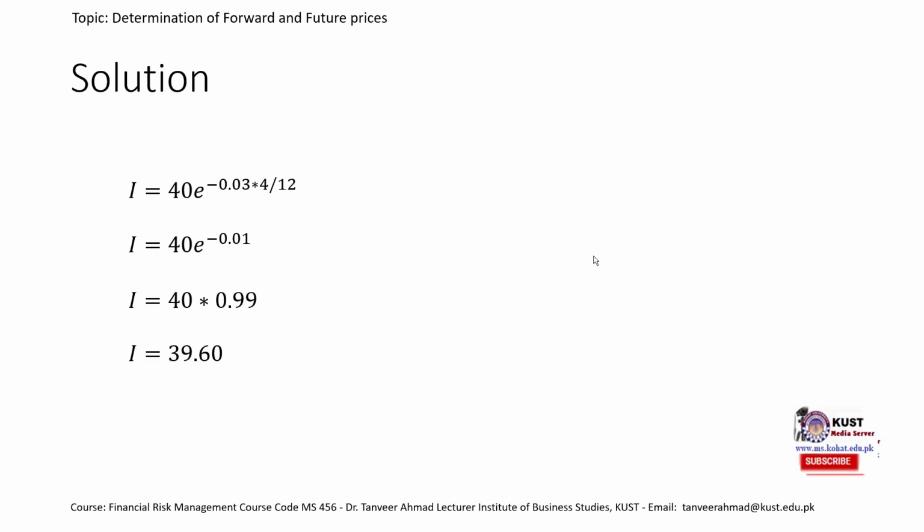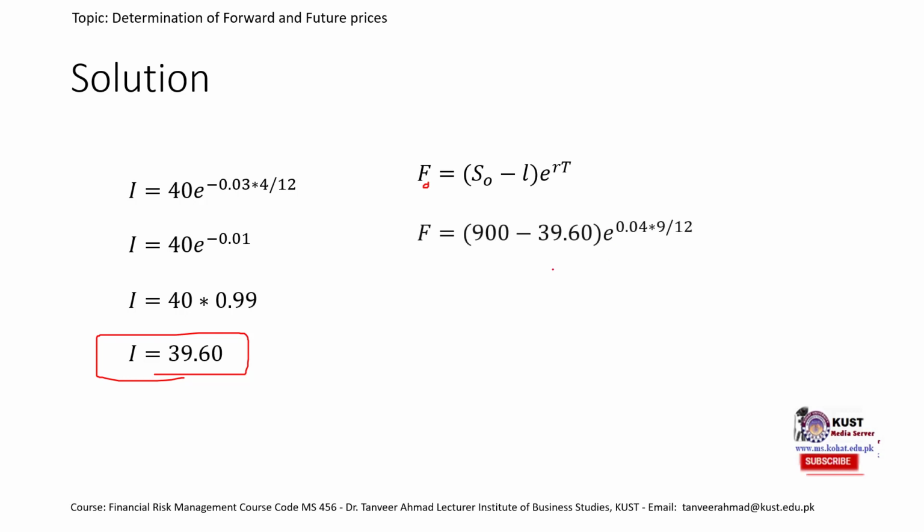Okay, now we need to put this value into our formula, and our formula is F naught is equal to S naught minus I, the present value we just calculated, into e raised to power RT. So S naught was 900 in the previous example, and we just calculated I. e raised to power 0.04.